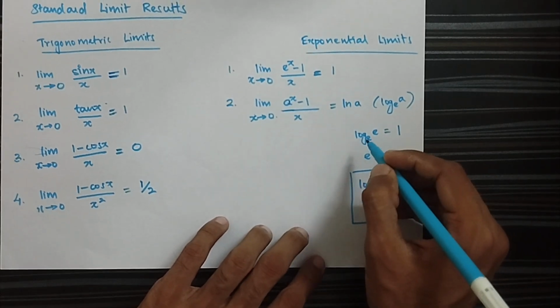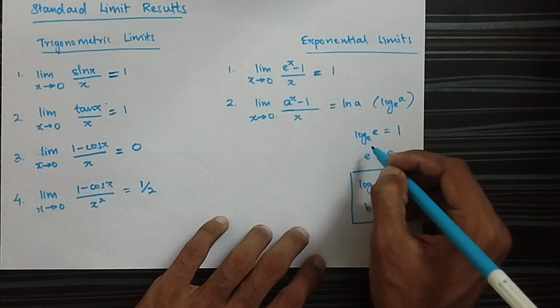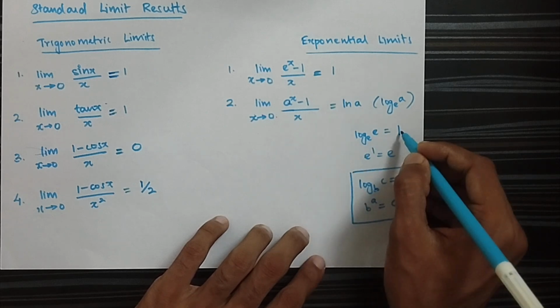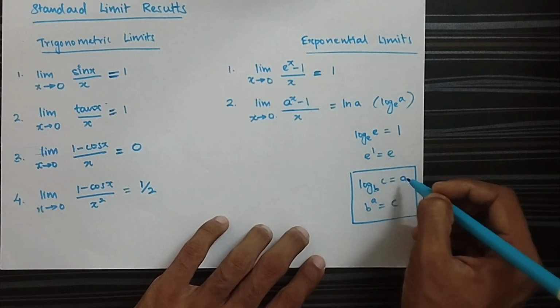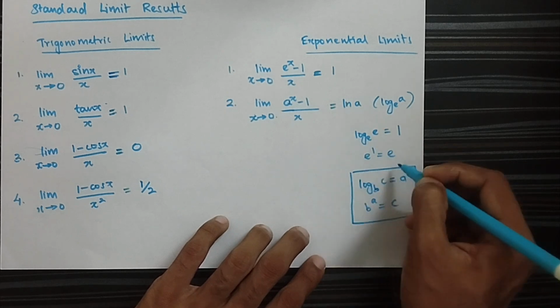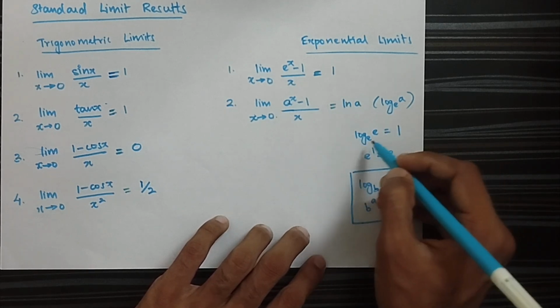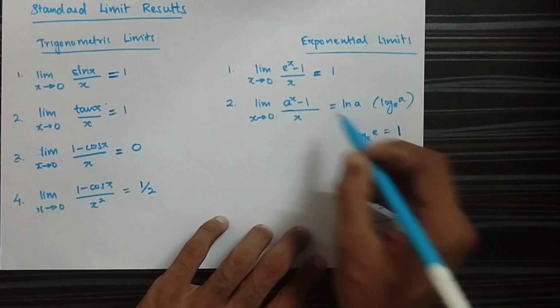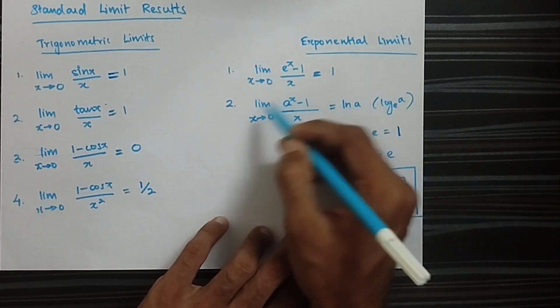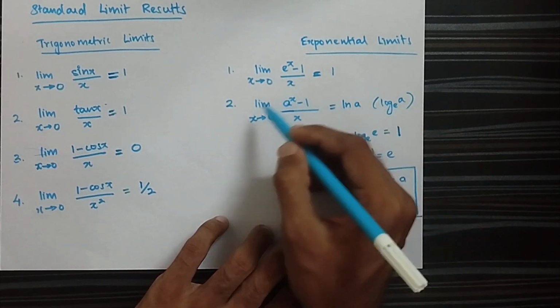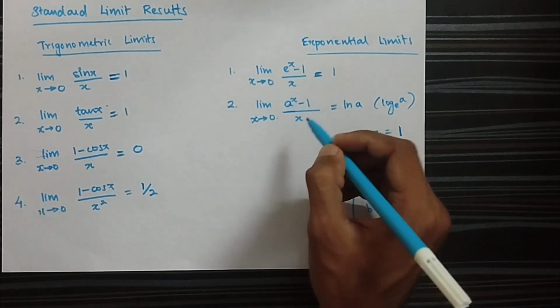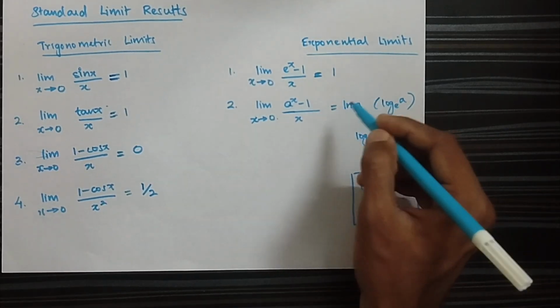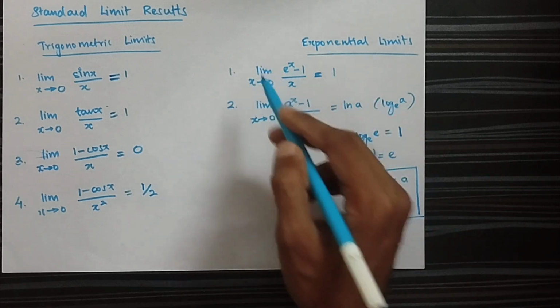In the same way, log to the base e of e is equal to 1, and e raised to 1, that is b raised to a, is equal to e. Since this is 1, this is a special case of the general result. So you just have to memorize this, plug in the value e, and we know ln e is equal to 1, so we get this result.